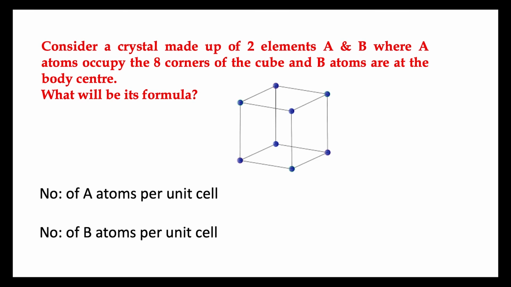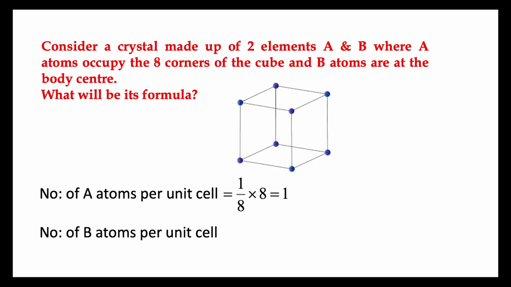In the question, it is given that A atoms occupy the corners of the cube. That is, all the 8 corners of the cube are filled by A atoms. We know that each corner atom contributes 1/8 to the unit cell. Therefore, the number of A atoms per unit cell will be equal to 1/8 multiplied by 8, that is 1.